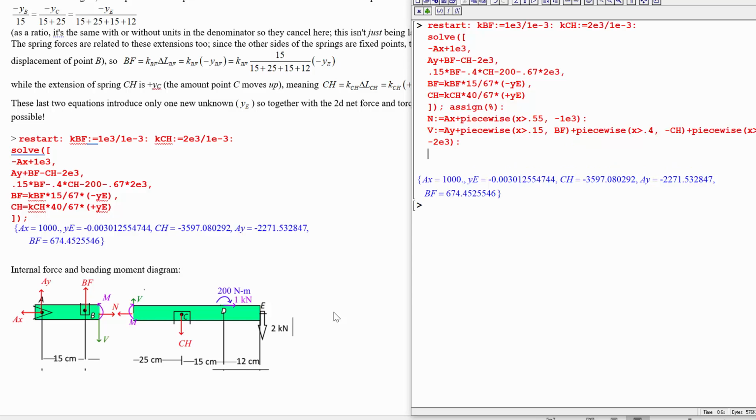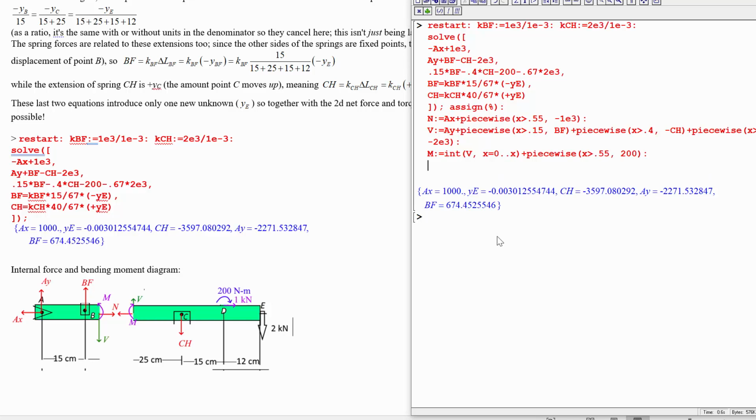Okay. And now the bending moment, we can use the usual trick of the moment is equal to the integral of the shear force with respect to X. Let's make it a definite integral, X is 0 to X. And then just keeping in mind that we need to add in the applied moment as we cross point D. So if X is greater than 0.55, then we're going to be adding in 200.